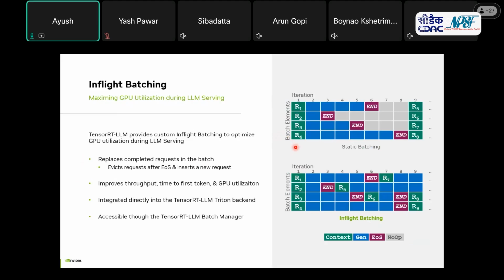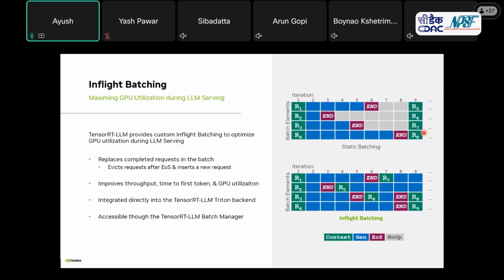In-flight batching differs in the sense that you can keep the requests generating. Let's say request 1 has ended here. Now you can add a newer request to the same batch once R1 has finished. You don't have to wait for the slowest request to finish to append the new set of requests.